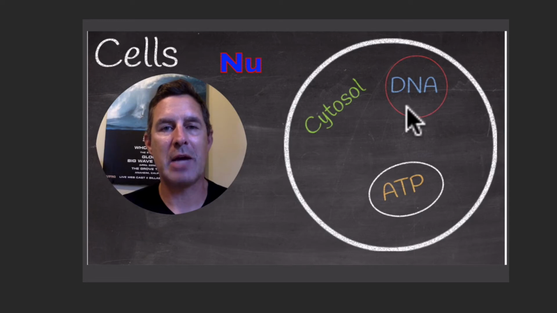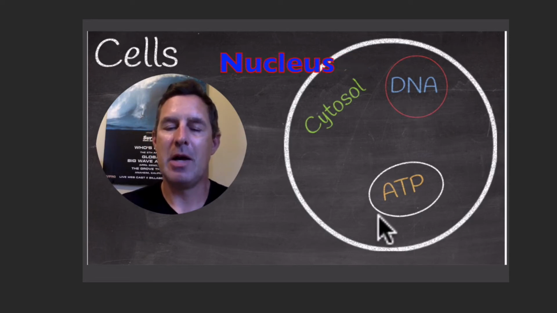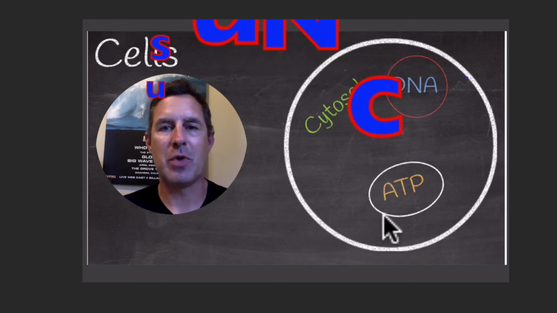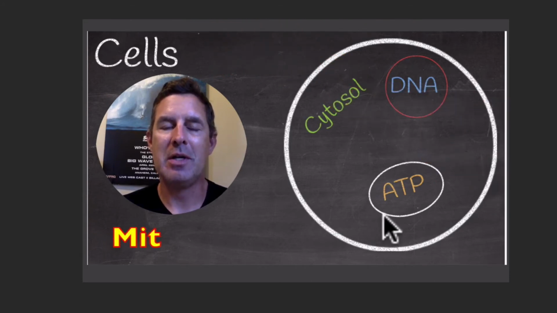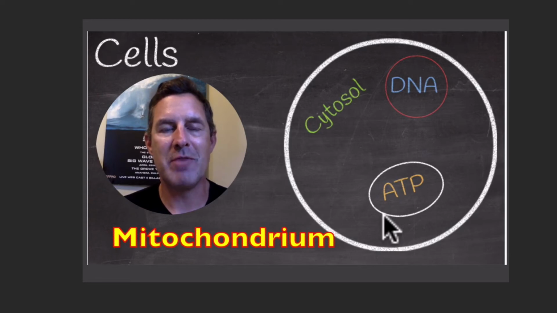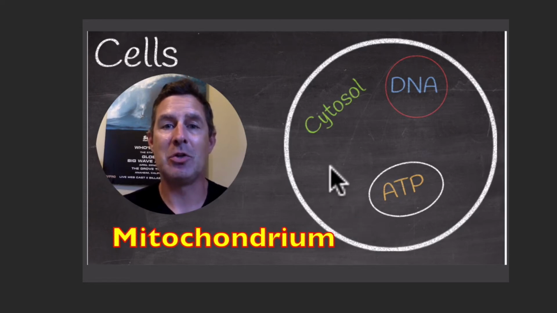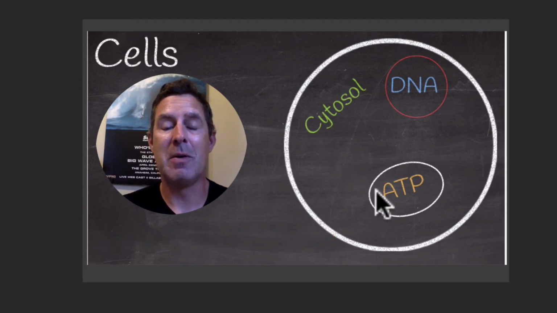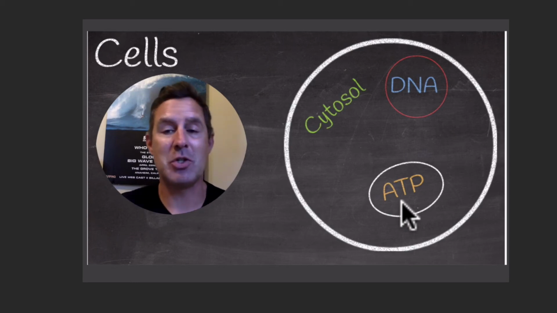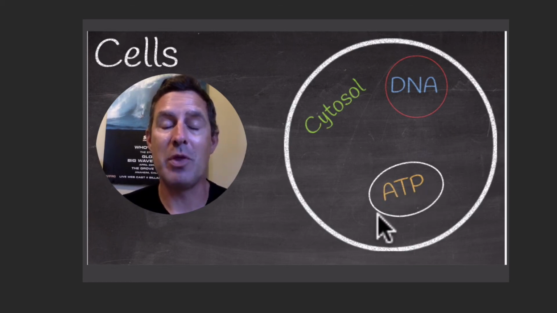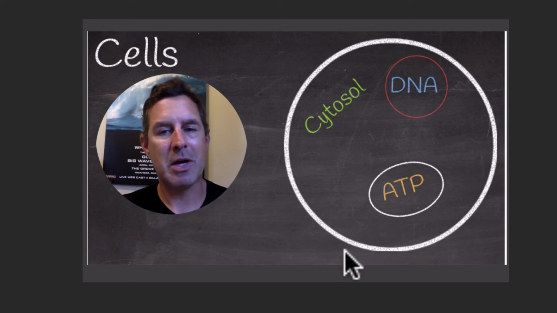Another really important organelle is this right here, which is the mitochondria. The mitochondria is responsible for making the great majority of ATP in our body. Certainly, there's some ATP that is produced in the cytosol, but if we want to produce a lot of ATP and if we have oxygen, it's going to be achieved within the mitochondria. There's a couple organelles here that I haven't talked about: the rough and smooth endoplasmic reticulum.